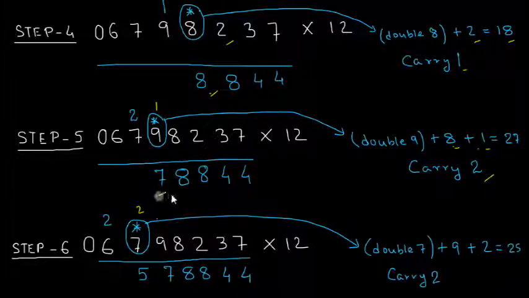So step 6: the next number is 7. We'll double 7, that is 14, plus 9, its right hand side neighbor, plus 2, the carry. The total we get is 25. So we'll put carry 2 and 5 here.